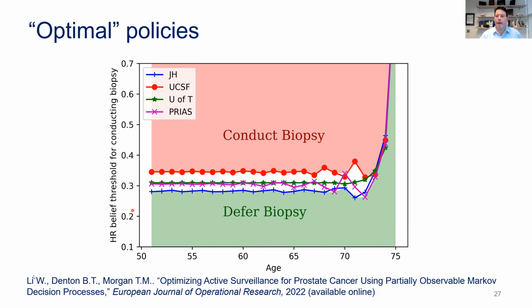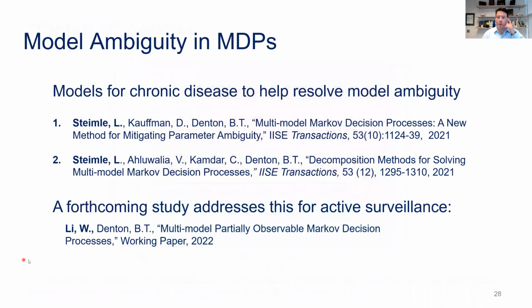I'll just plug a couple of papers by Lauren Steimle, Georgia Tech. This was part of her dissertation work, and she looked at situations like this where you have multiple models, any of which might be the truth, and she looked at ways to try to resolve that ambiguity. I know you, Ding, will be happy that I'm also plugging two papers that are in IISE Transactions, and we're very happy to be able to place them there.